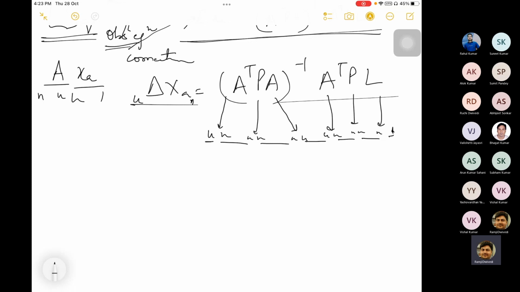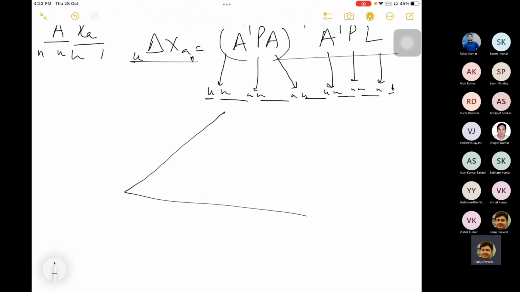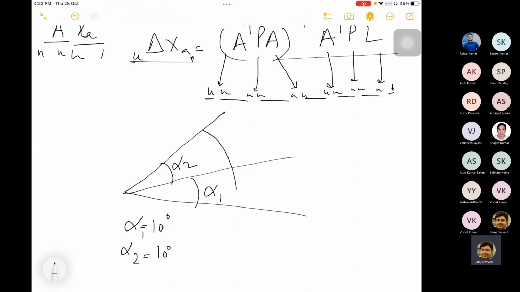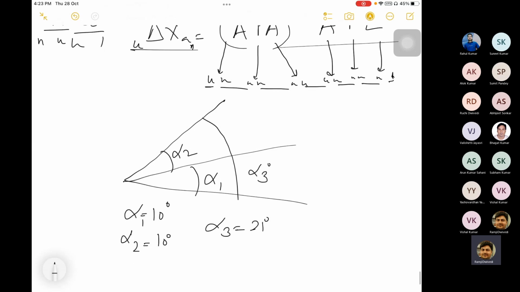Okay, I understand that at this point it is not possible to appreciate how easily you have got the solution. Let us do one problem. All of you have to attempt it. There are two vectors, two angles, sorry, alpha 1 and alpha 2.